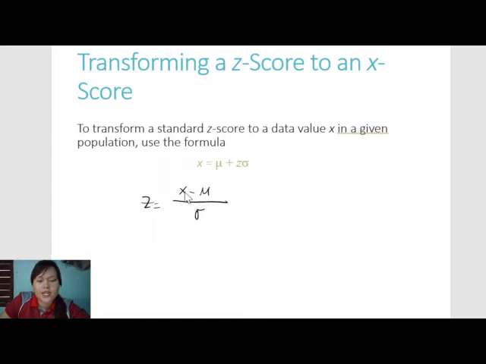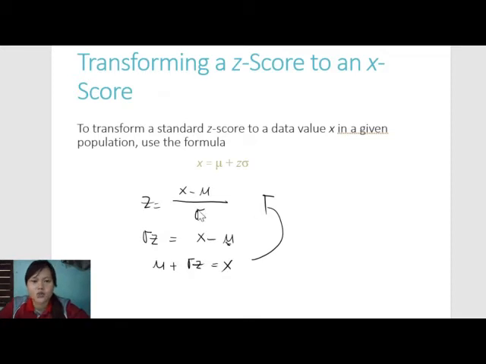We try to isolate x, so we move the standard deviation over, then x minus mu, then move mu to the other side. That would be mu plus standard deviation times z is equal to x, which is the same as the formula above. So again, to find your x given the population, use this formula: x is equal to mu plus z times your standard deviation.